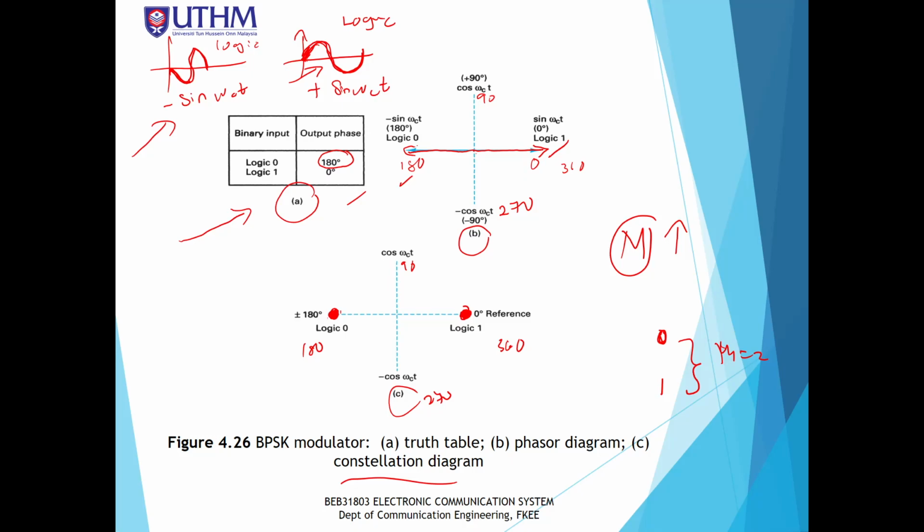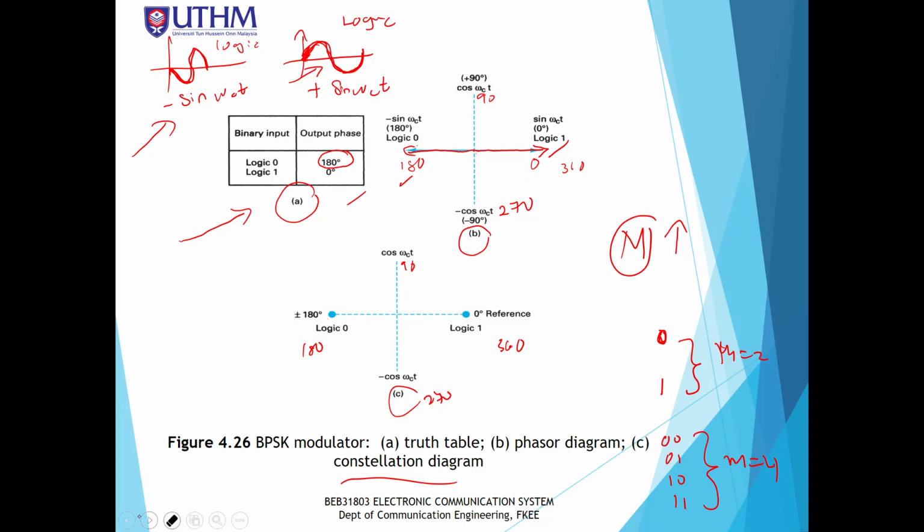If let's say I use 2 bit, that means the number of bit is equal to 2, so I'm gonna have 4 symbols, which is 00, 01, 10, 11. This is for M equal to 4, which is what we call QPSK.